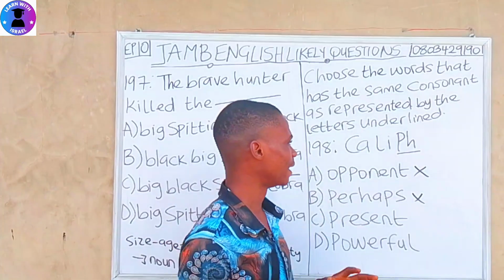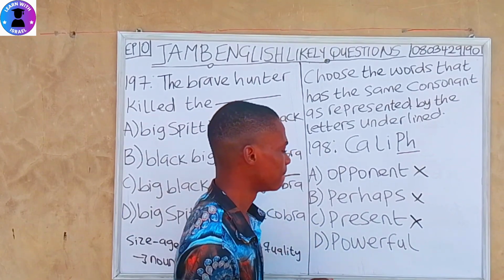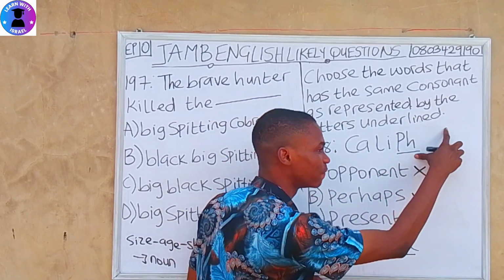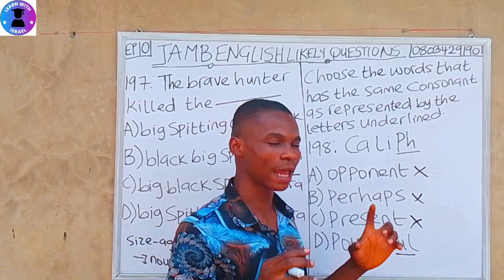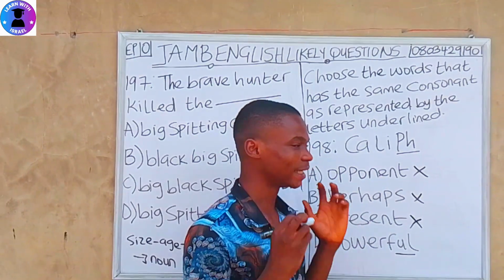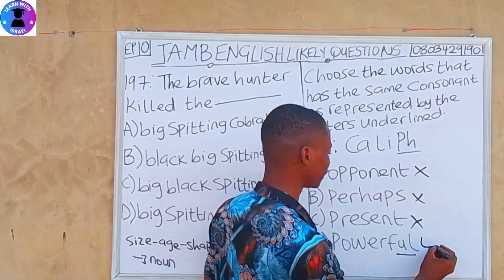It doesn't even have anything to do with this. Option D, powerful. You can see powerful and Khalif have the same consonant sound. So that's how you identify it. Powerful is the correct answer.